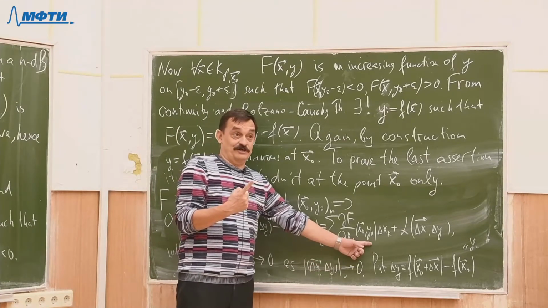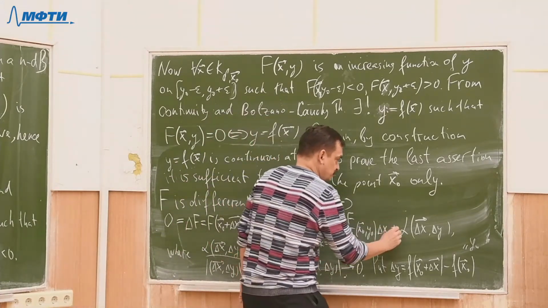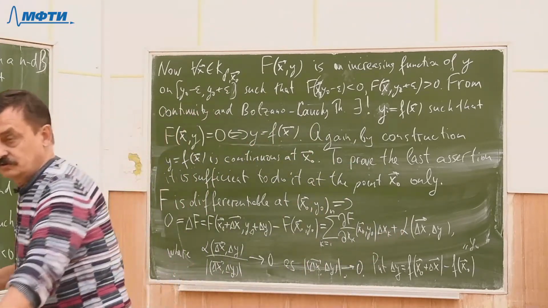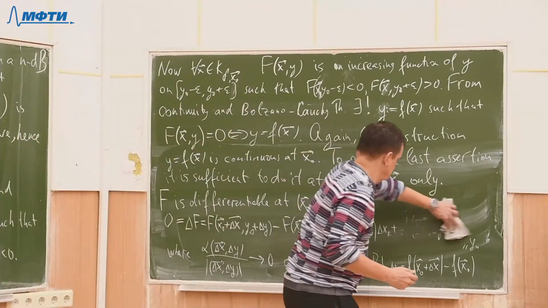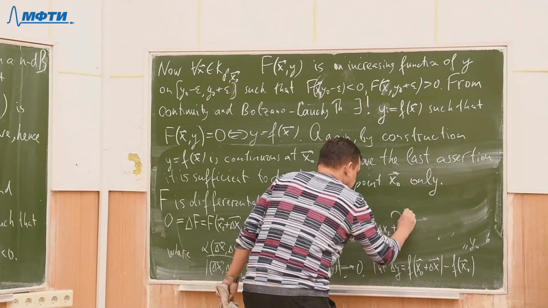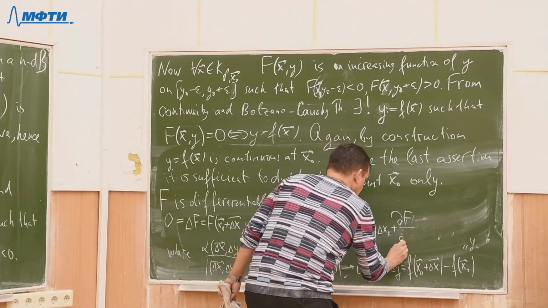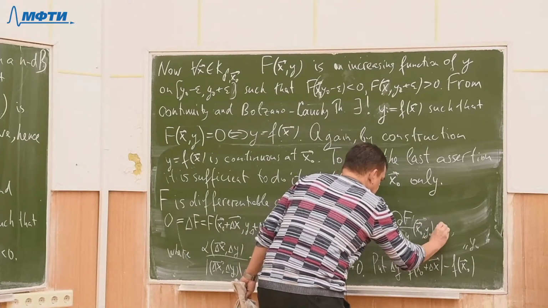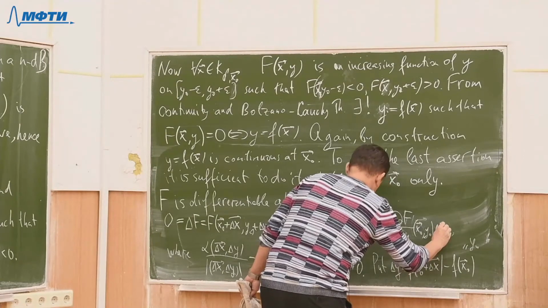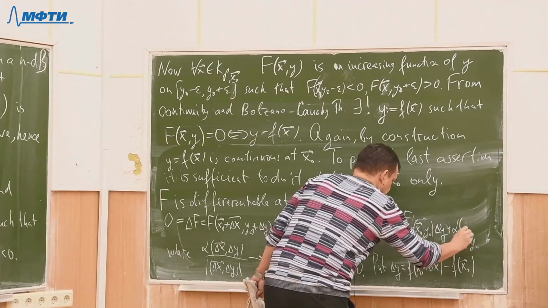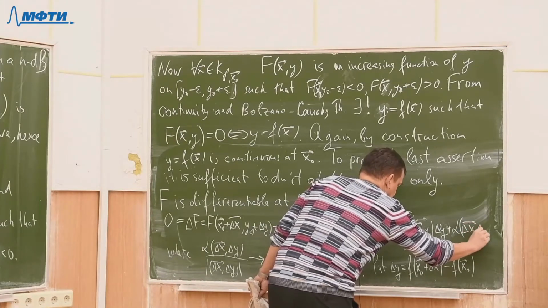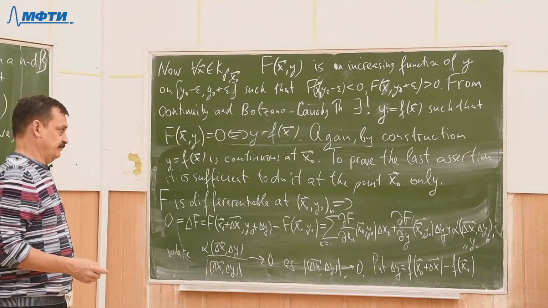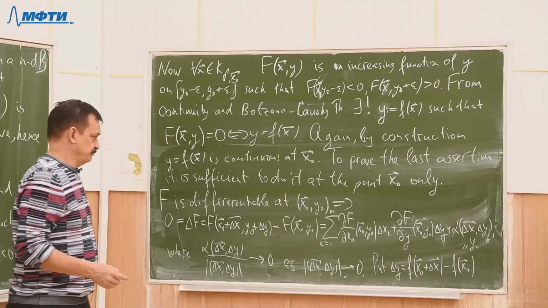I forgot about n+1. So here I should also insert, let me write it here, plus partial derivative of f with respect to y at x naught, y naught times delta y plus alpha of delta x delta y, right? Yeah, this should be correct. Sorry, I forgot.